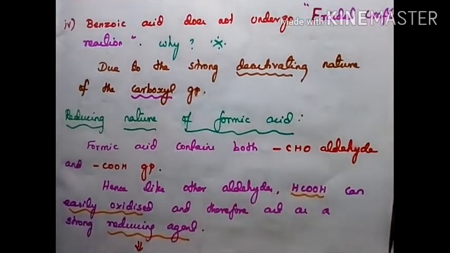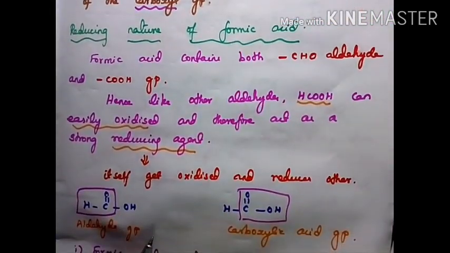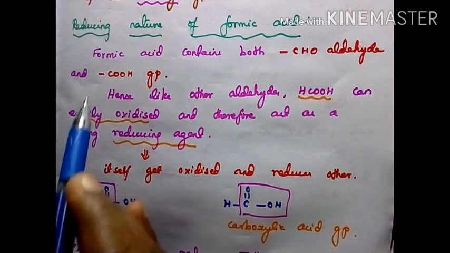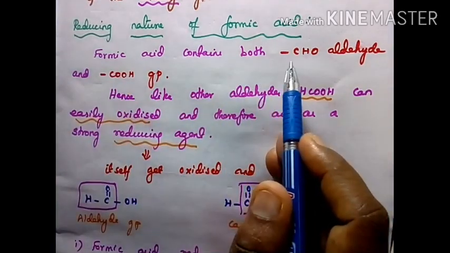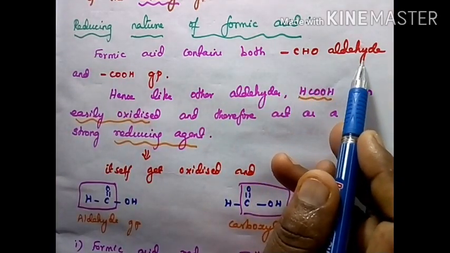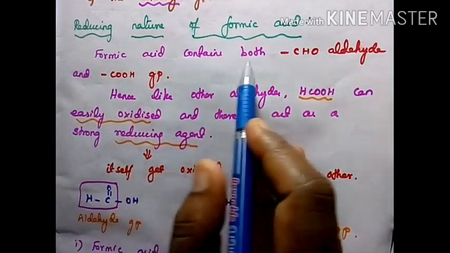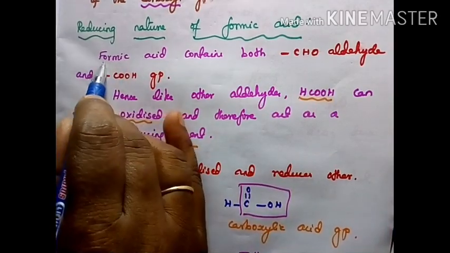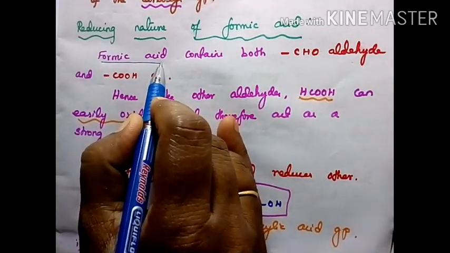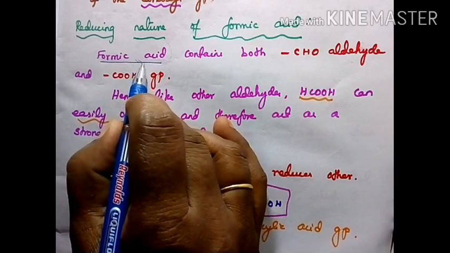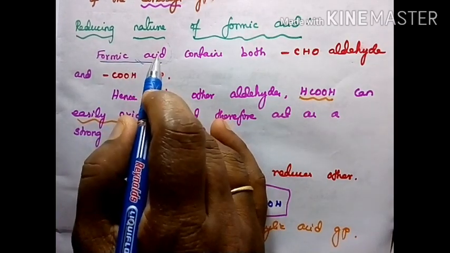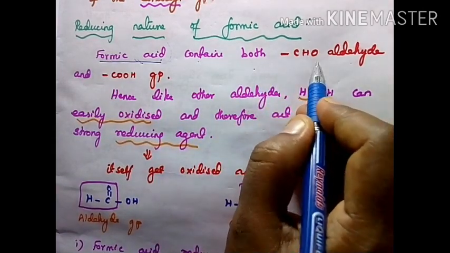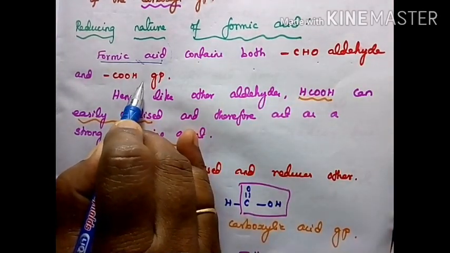And the next is the reducing nature of formic acid. Formic acid contains both the CHO aldehyde group and the carboxyl group. From the name itself, we have a carboxyl group, but it is a unique acid which contains both the aldehyde group and the carboxyl group.